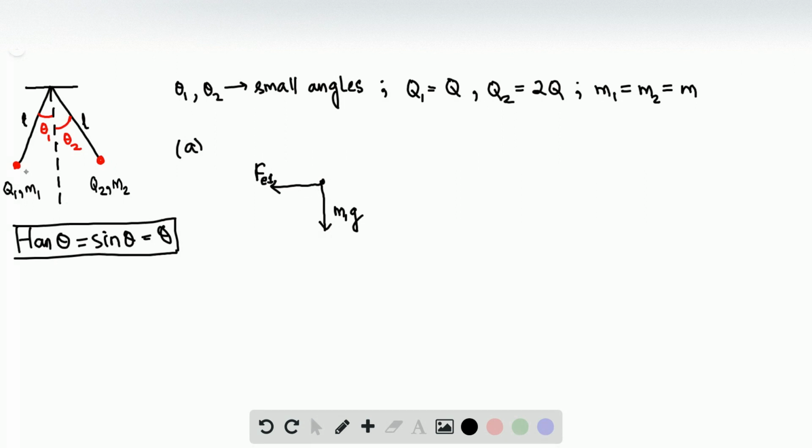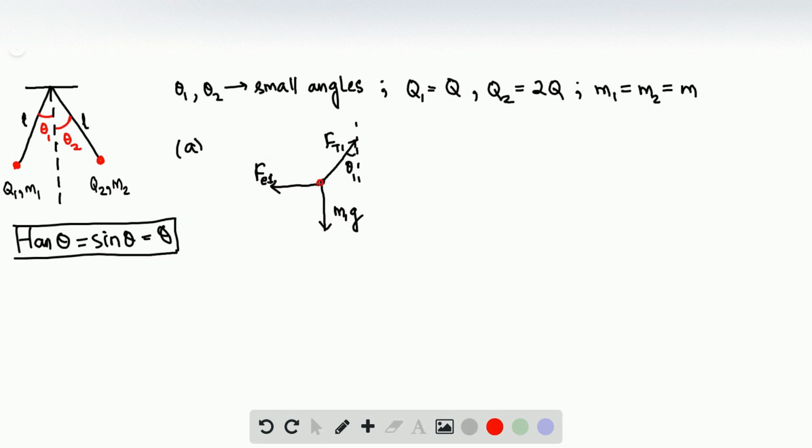And there is a third force which comes due to the tension in the cord, in this direction. Let's say this is Ft1. Now since the cord makes an angle θ1 with the vertical, this force should also be at an angle θ1 with the vertical.